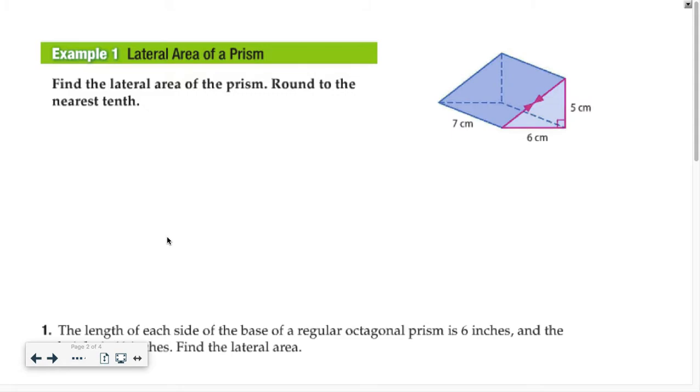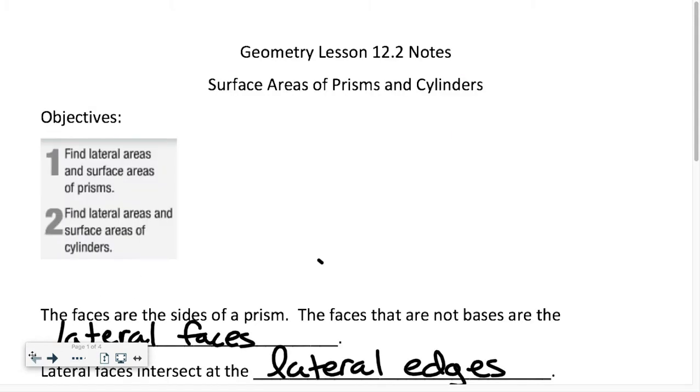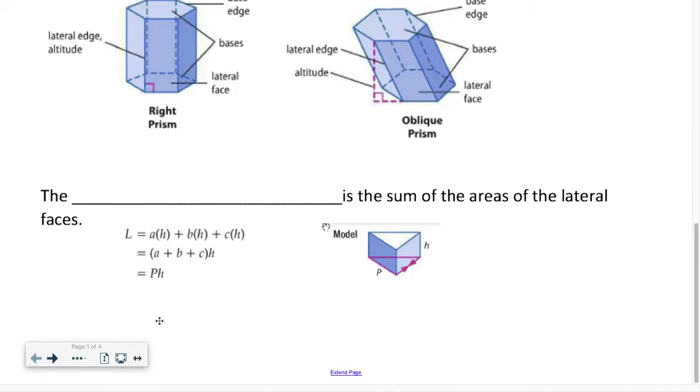And to do that, let's back up. We can get to this part of the notes. Okay, the lateral area, we need to do this before we go on to the next problem. The lateral area is the sum of the areas of the lateral faces. So just take each lateral face.